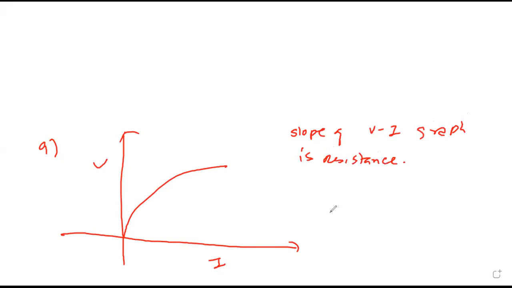So they are asking what is the resistance at A, B, C. Matlab, indirectly I have to find what is the slope at A, B, C. Because it is not a straight line, the slope will be different at different points. That is found by drawing a tangent at that point. Draw one tangent, second tangent, and this third tangent.